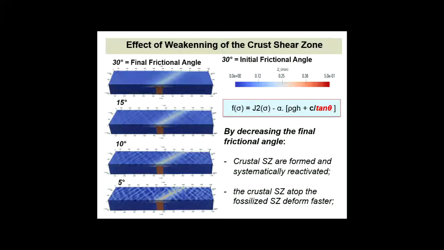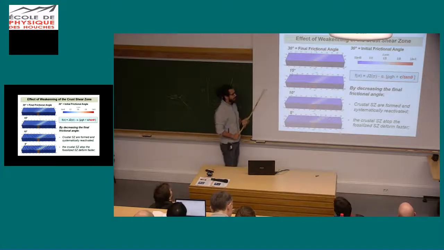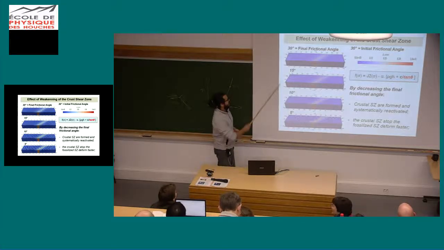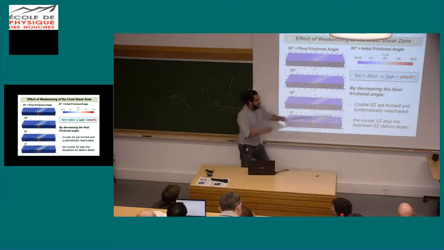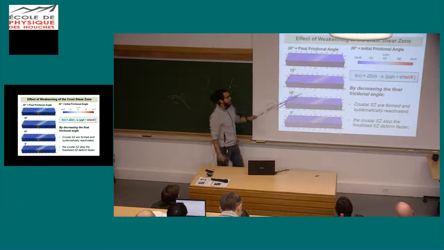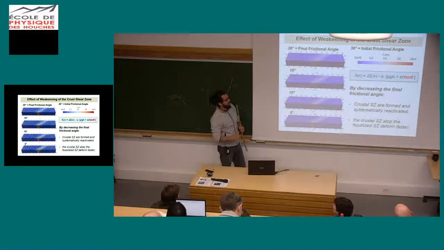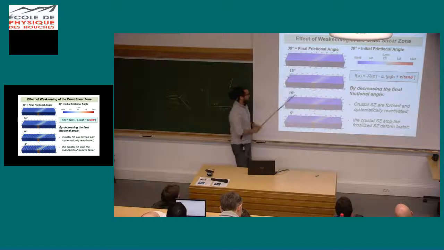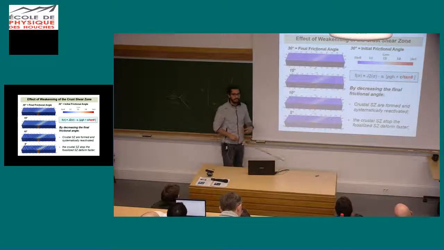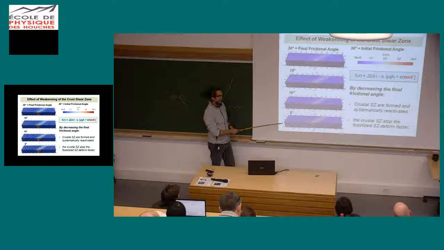Here I tested the effect of weakening on the crustal faults. This is the law. I started with a frictional angle of 30, and then after 1% of deformation, I changed the angle to 15, 10, and 5. That means I'm basically keeping the faults active, like highly lubricated faults toward low angles.